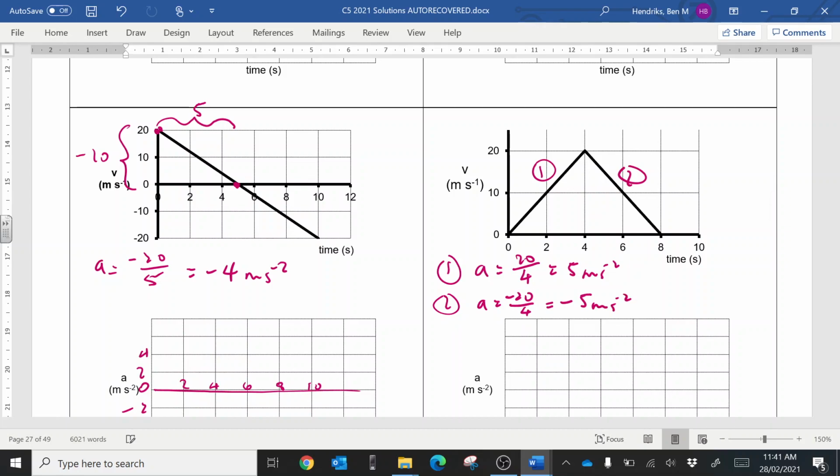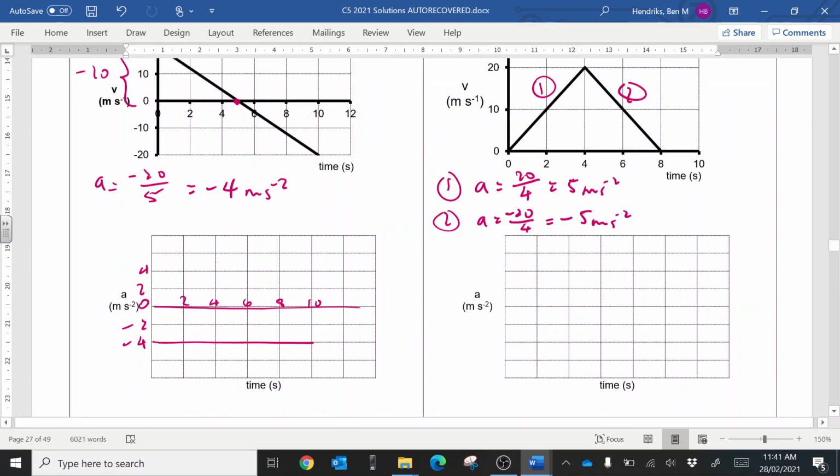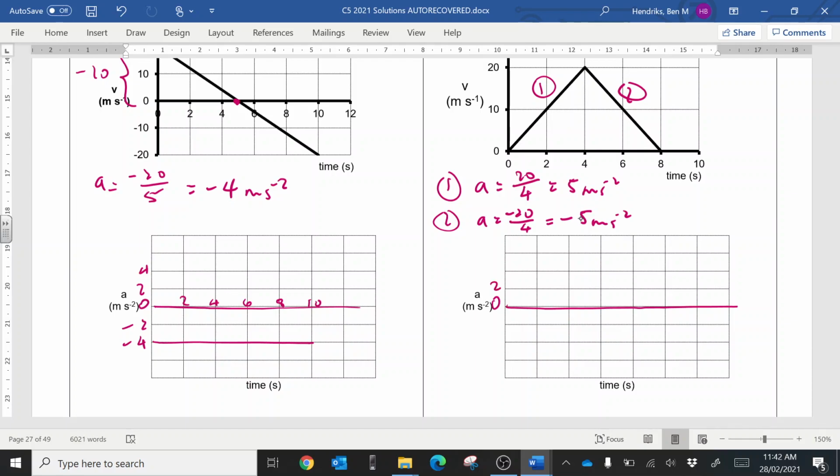All right, and so we just need to draw that into our graph this time. If this is our 0 line across here, I'll just go up in 2s again. So that's our 0 axis, our time axis, A is equal to 0. Go 2, 4, 6 up here, and 2, 4, 6 down there. For the first 4 seconds, this is going to be 2 and 4, and then we're going to have 6, 8, 10.